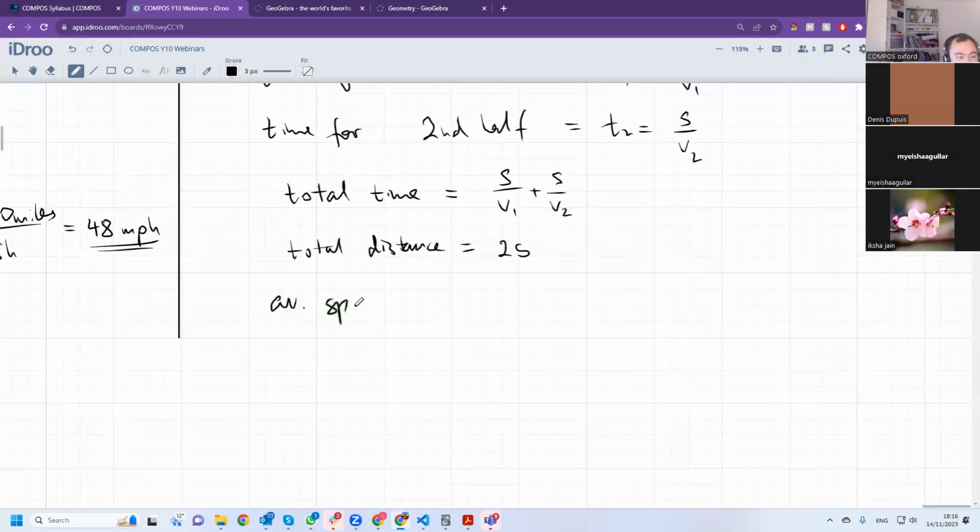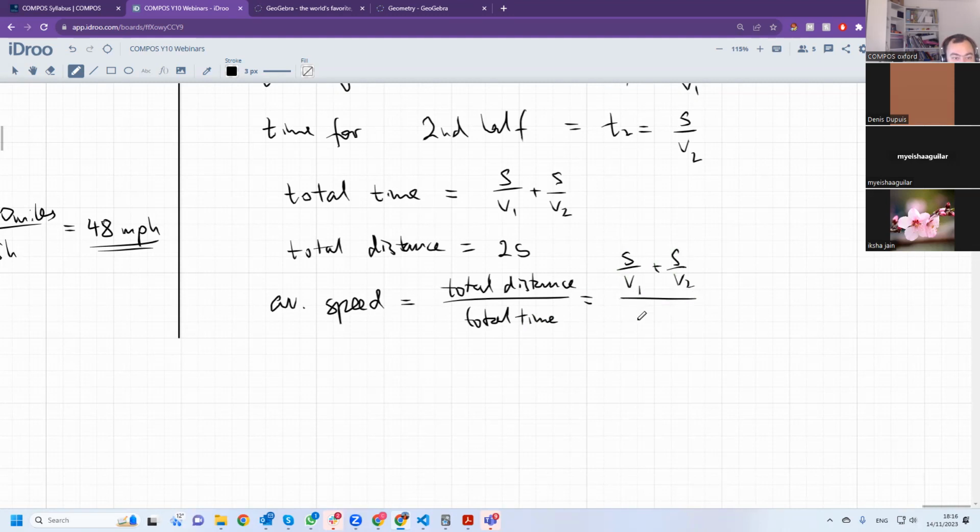Average speed, by definition, is the total distance divided by total time, which is 2S divided by S over V1 plus S over V2.